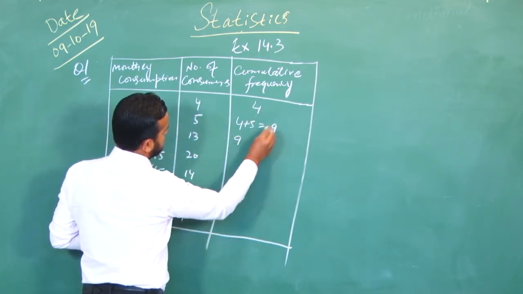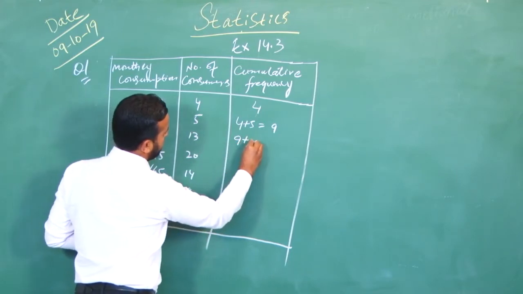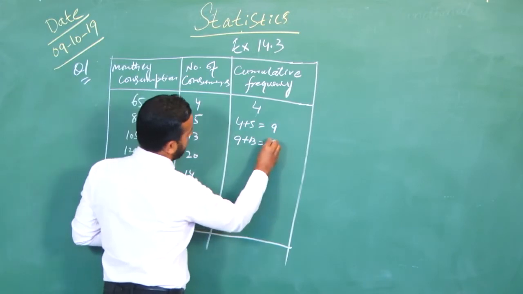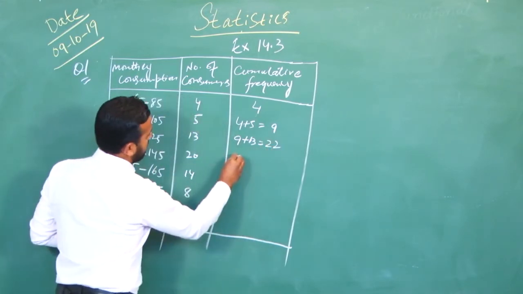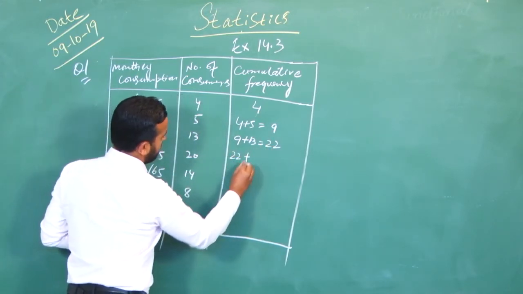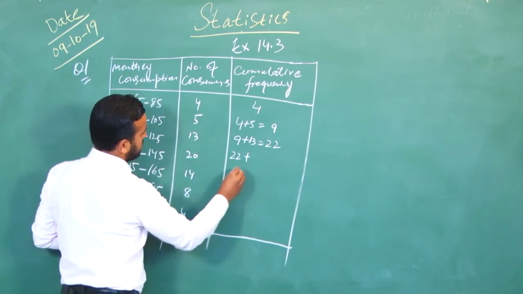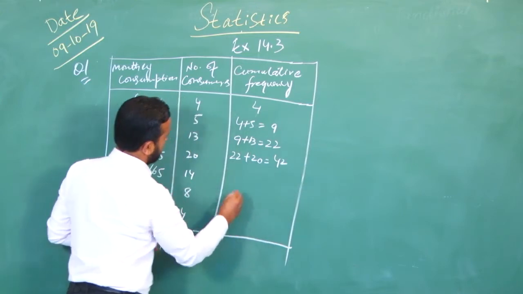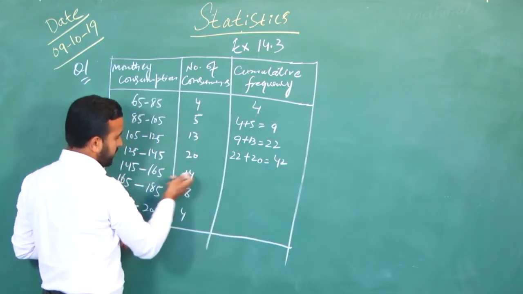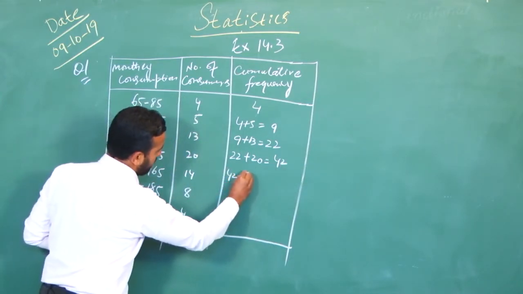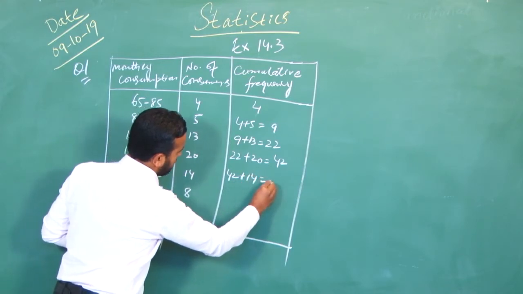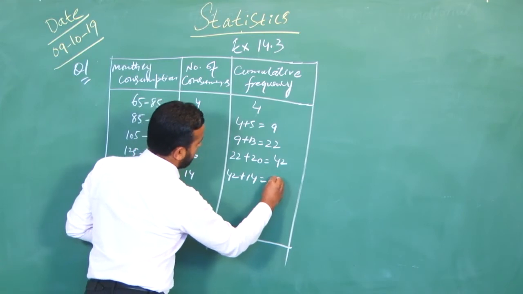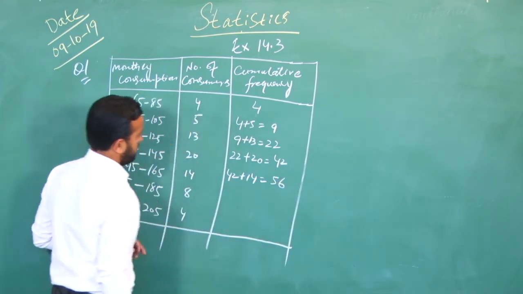Then this 9 is added to 13, which is equal to 22. Then 22 is added to the next, 20, which gives 42. This 42 is added to 14, which gives 56.